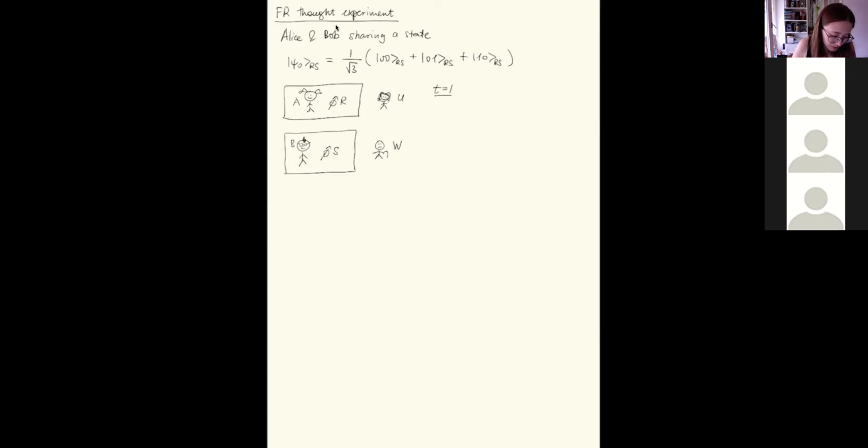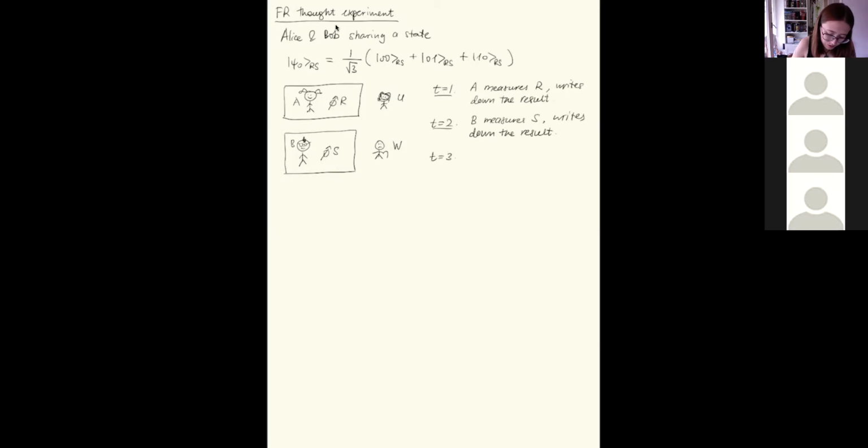At time t equal 1, Alice measures R and writes down the result. At t equal 2, Bob measures S and writes down the result.